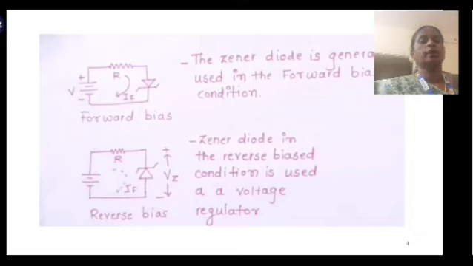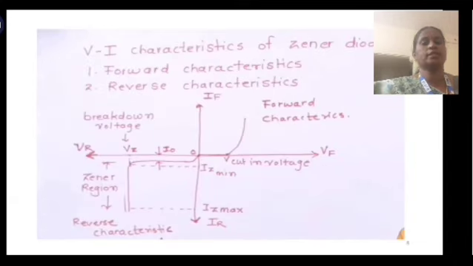During forward bias mode, the current conduction will be there. Once the depletion region is depleted, the diode will start conducting current. You can see the VI characteristics of the Zener diode here.